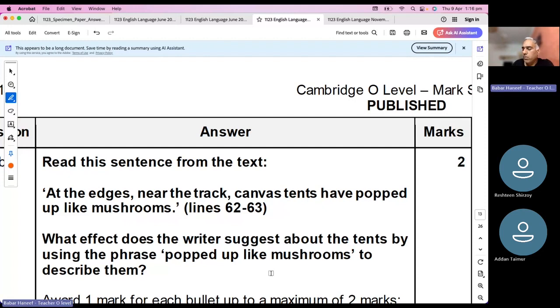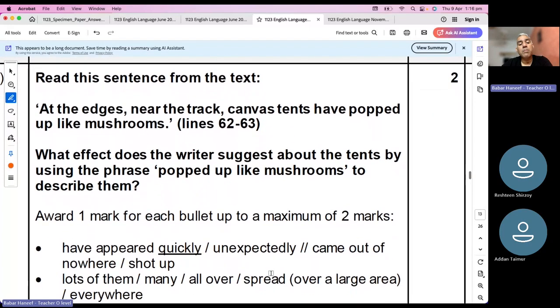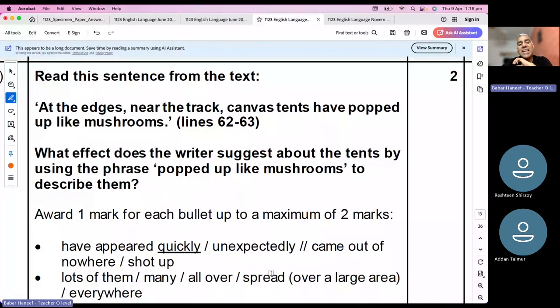I hope Noor, you're thinking, right? I think it means that it's in the shape of an umbrella and it appeared quickly. Yes, very right. So appeared quickly, came out of nowhere, like shoot up, right?